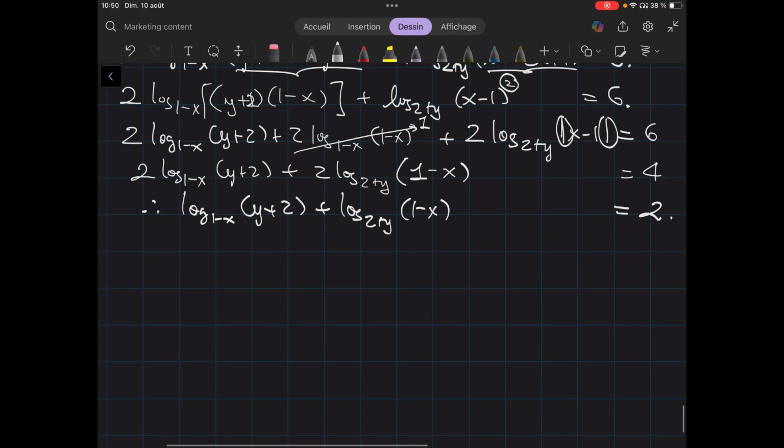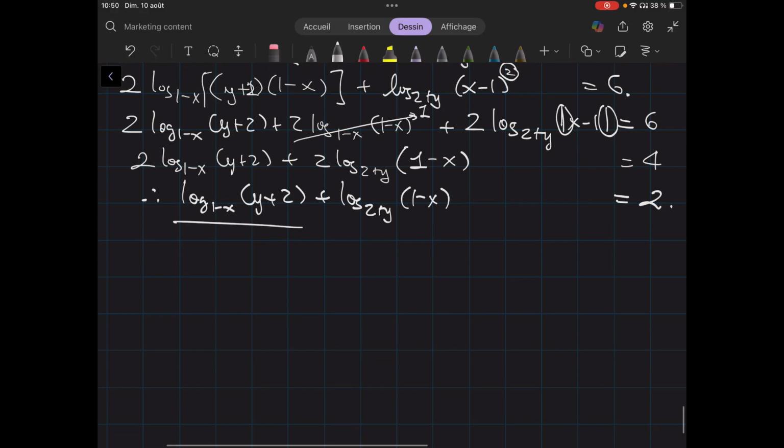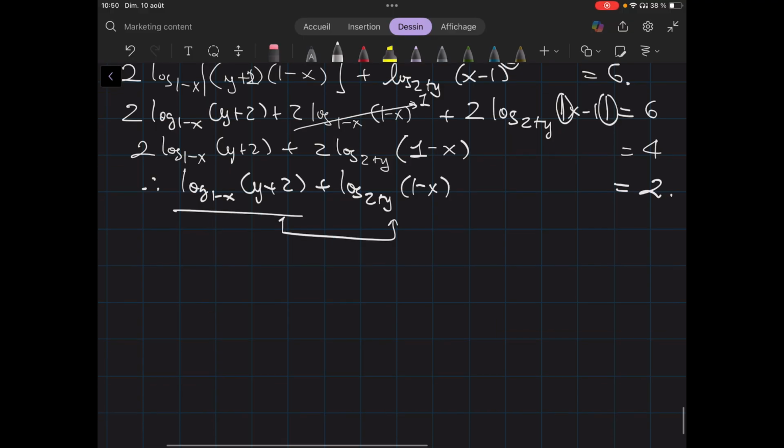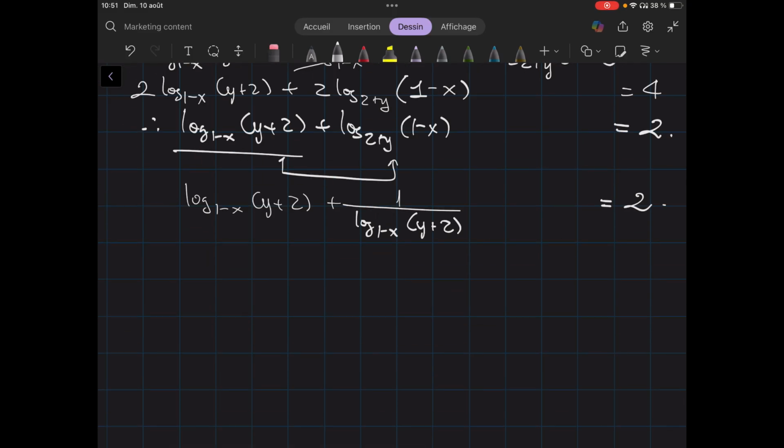Hence, find the value of this term. Look at the symmetry. Using the change of base formula, you can see that now we have a hidden quadratic equation. If it is not clear to you, let's use a dummy variable.